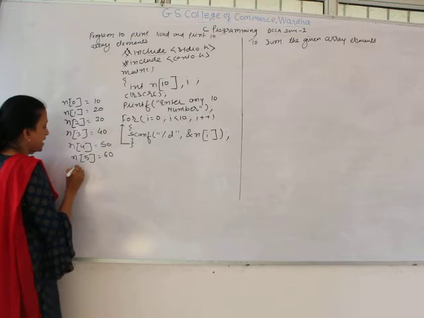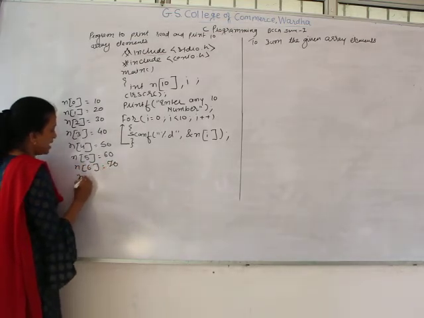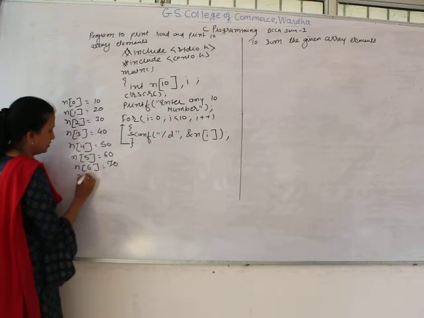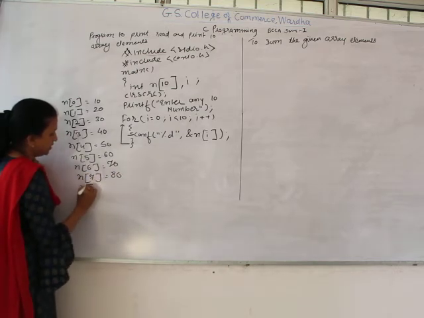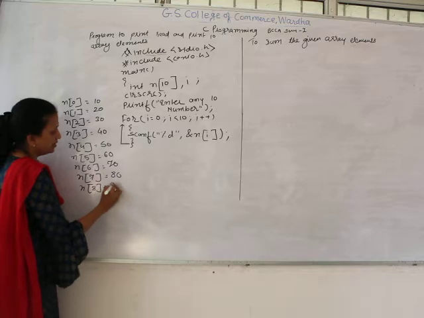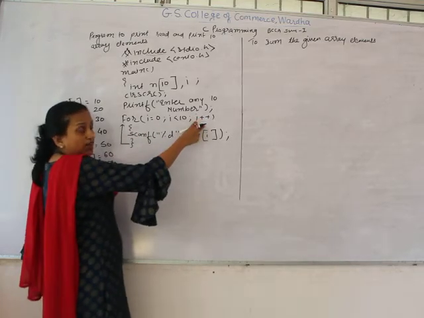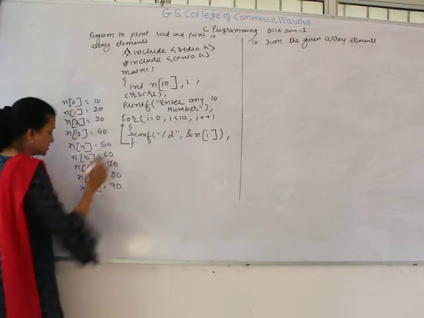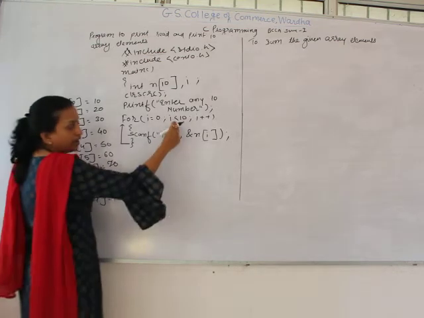n[6] 70, n[7] 80, and n[8] 90. After 8 plus 1, 9. 9 is less than 10, yes, so n[9] 100.